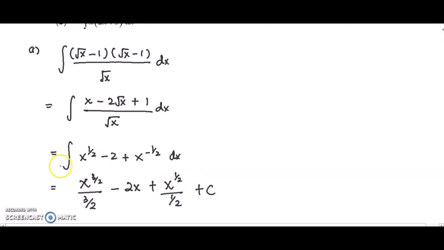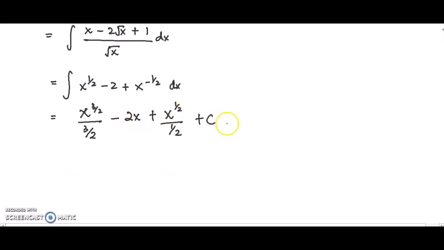And because this is an indefinite integral, then we plus constant c. So how we're going to simplify this, you bring up the 2 on top, okay, then you have your 2 third square root of x power of 3 minus 2x plus 2 third x plus c.